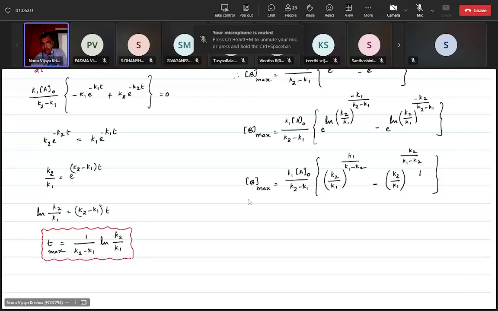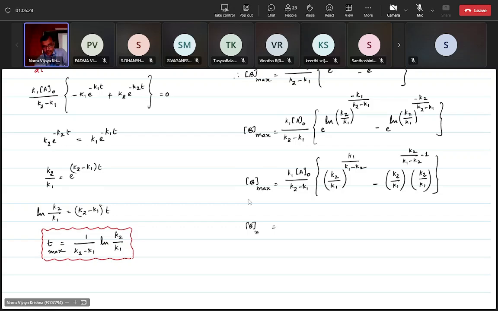So I am multiplying with K2 by K1, dividing with K2 by K1. If I divide with K2 by K1, power becomes minus 1. Right? So then what is this equation?